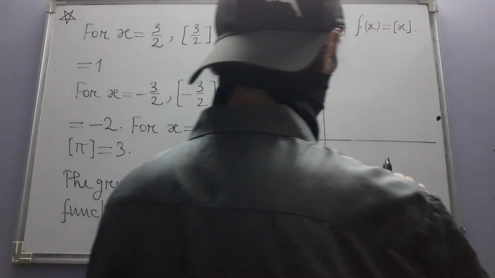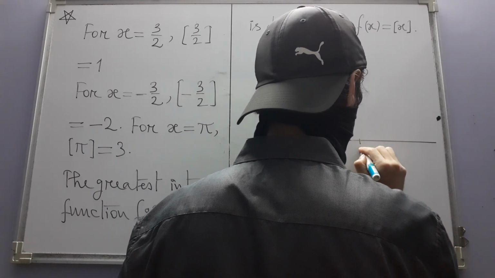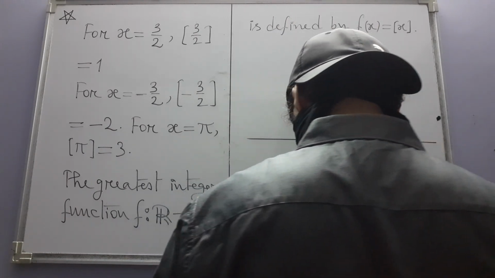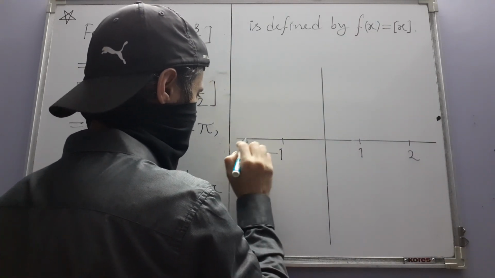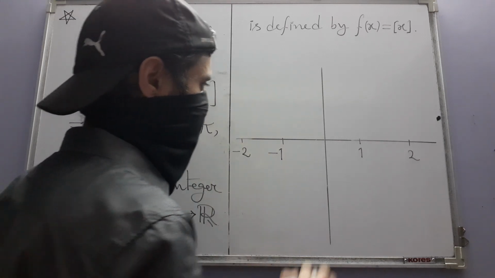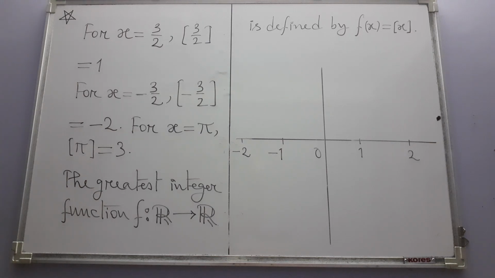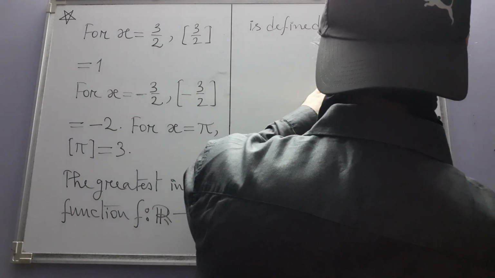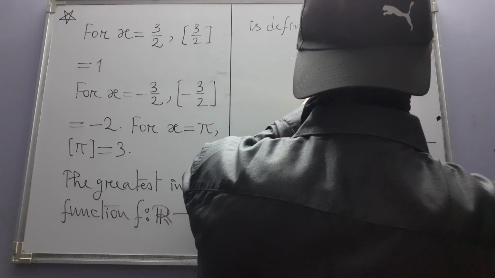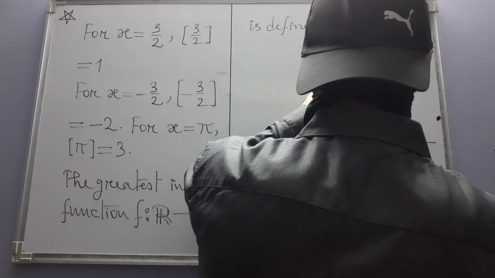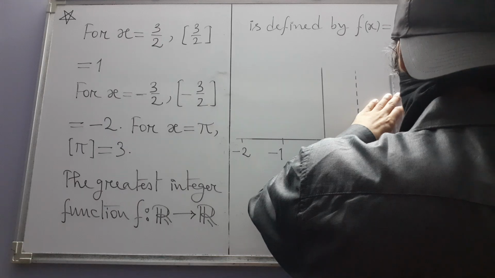I will just take, say, this is my 1, this is 2. On this side I take, say, -1 and -2, and we of course have 0 here. Now what I do, first of all, I draw vertical lines through the integers, dashed lines, okay. Why? That will become clear soon.